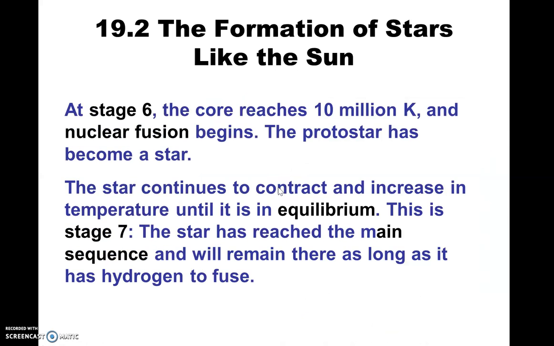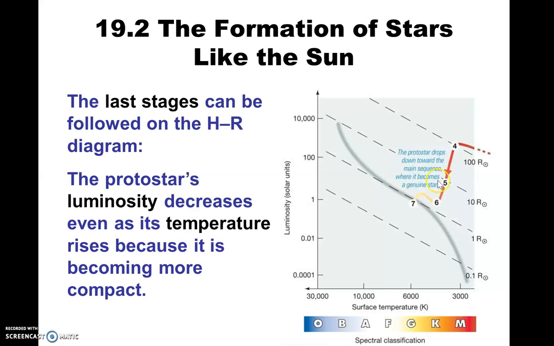All right. So at stage 6, the core reaches, and I guess I should say something about this. It's pretty complicated what exactly is going on. There's a lot of astrophysics going on when this happens.